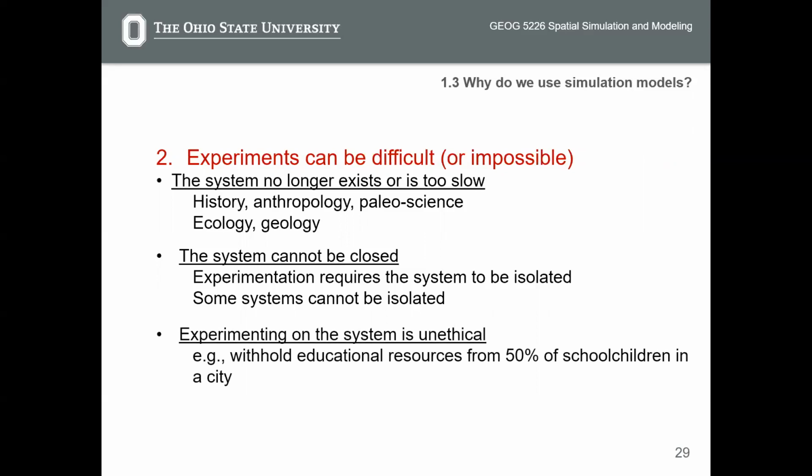And experimenting on the system may be unethical. This is due to human society's moral standards. For example, in order to experiment with a new educational policy, you may need to withhold educational resources from 50% of school children in a city. If you want to do this in the real world, the problem is which 50% of school children should be deprived of educational resources.